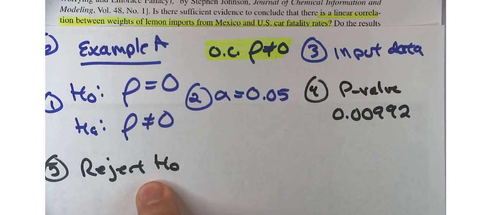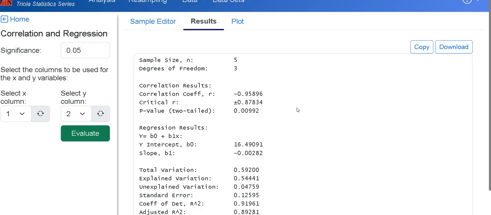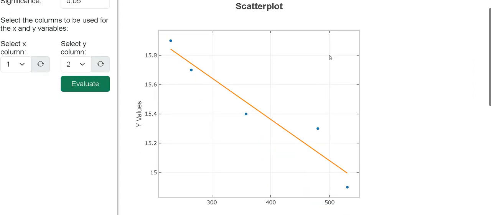Let's actually look at the data to see what's going on here. If you notice at the top here, amongst your sample editor and results, there's also another button called plot. Let's take a look at the plot. Does it look like these things are marching together? One goes down, the other one's going down? Yeah. Now, it could be that maybe we have better safety systems, better seat belts, airbags, that kind of thing.